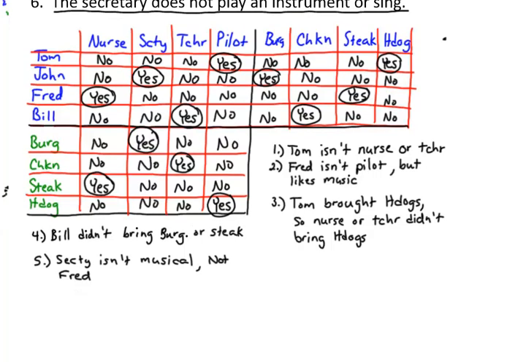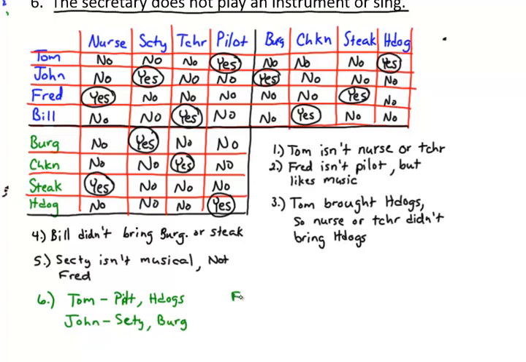And now we can write down our answer. So we'll write down our answer is Tom. He's the pilot. And he brought hot dogs. And then we have John, who's the secretary. And he brought burgers.